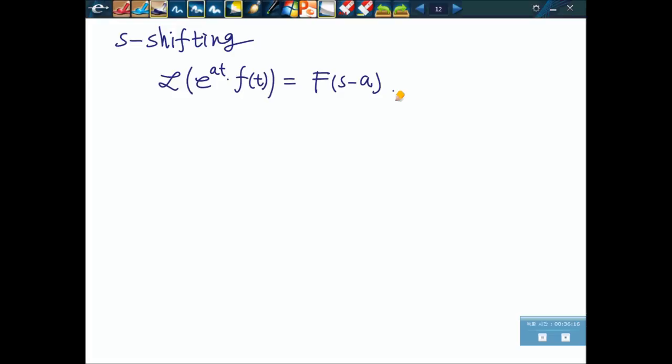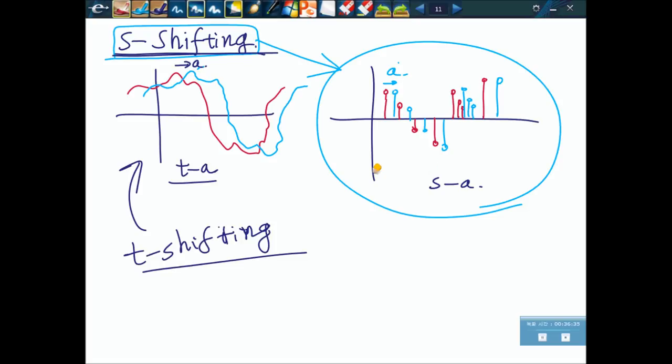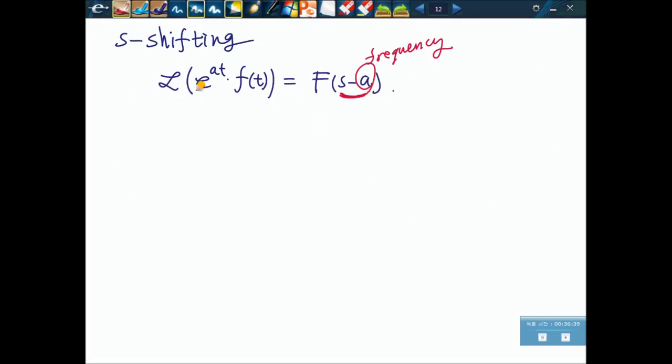Any function in S domain which is shifted by the amount of A, in this case a frequency, is the same as multiplying the function by e to the at in time domain.